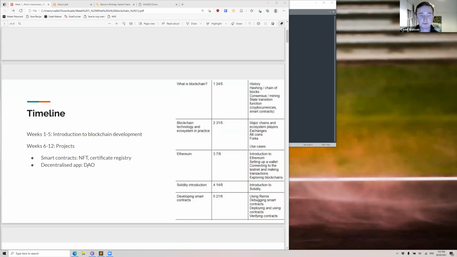And the application that we'll be building is something called a decentralized autonomous organization, which is a bit of a mouthful, will probably make more sense later, but it's essentially a democratic organization that's on the blockchain. So people can participate around the world, vote on decisions, send money, perform actions, and so on, all without putting trust in anyone. So it's a really cool use case of blockchain, and it's a cool app to build.